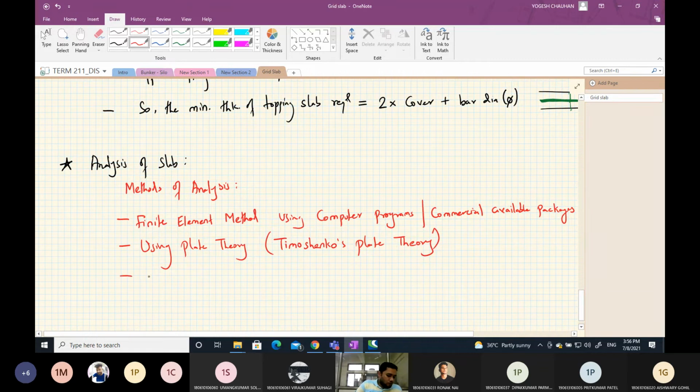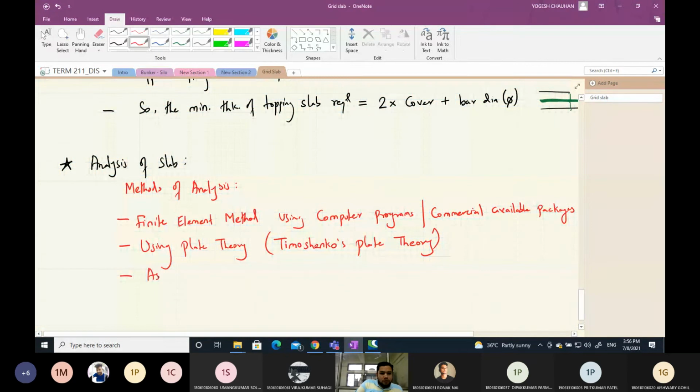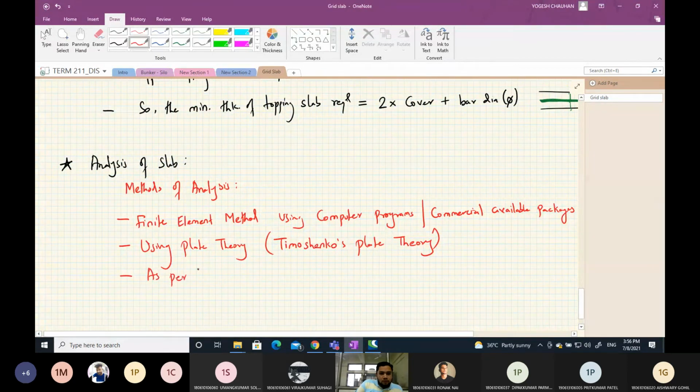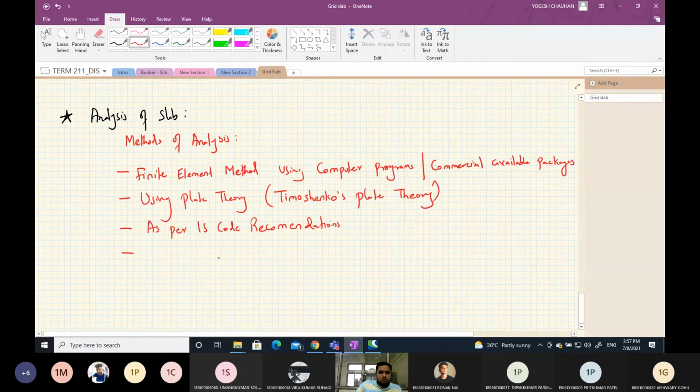Then IS code, as per IS code recommendations, these are approximate methods. And next is Rankine's Grashof method.